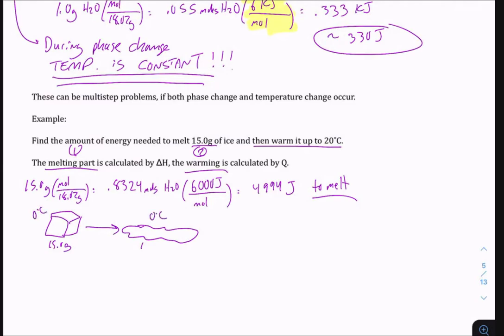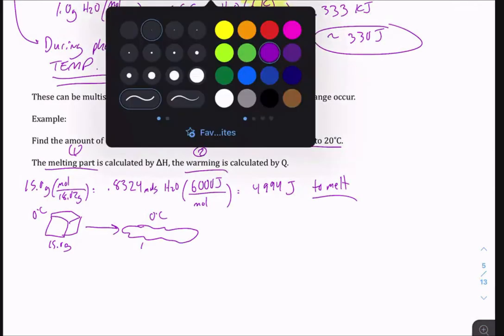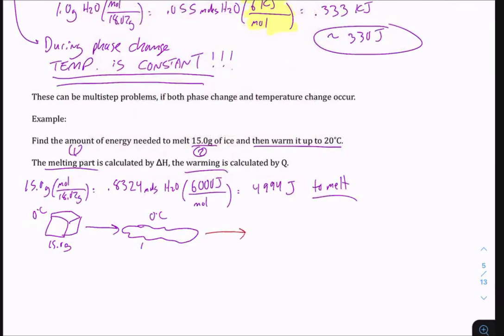Once the ice cube is all melted, that water is 0 degrees because of what I mentioned earlier: during phase change, temperature does not change. But now that it is completely melted, temperature will increase. And so now we're describing a situation where we go from liquid at 0 to liquid at 20.